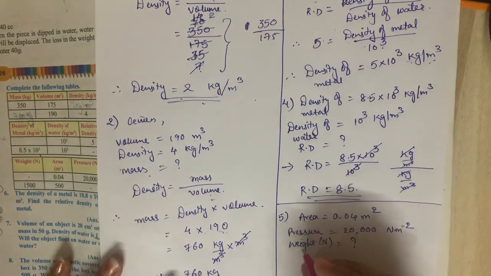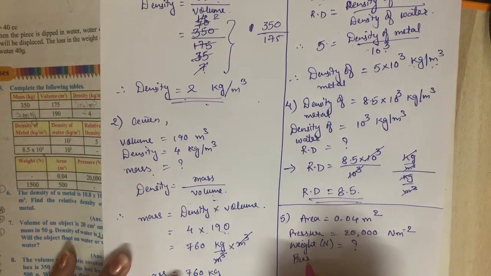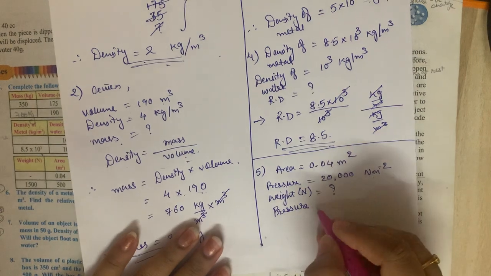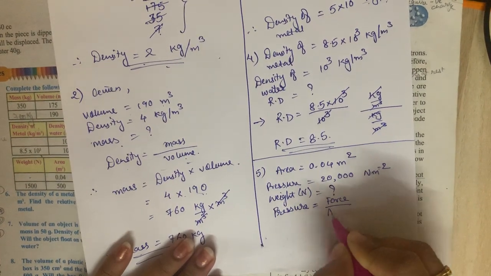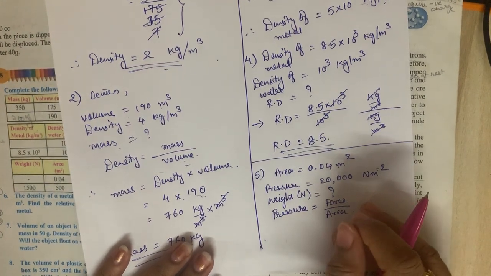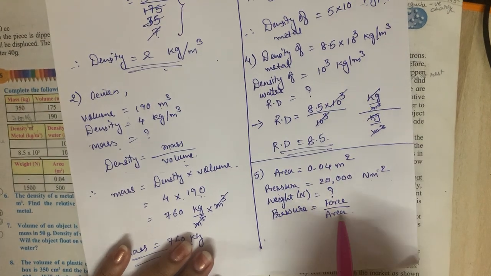So which formula you will be using? You can use the formula you already have learned, that pressure is equal to force upon area, right? This formula you already have studied in this chapter. Am I right? So here pressure is given, area is given.